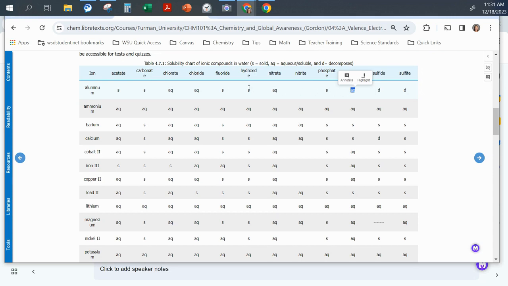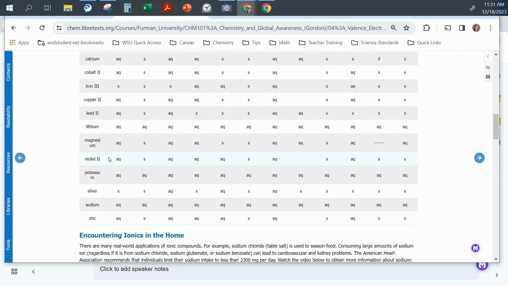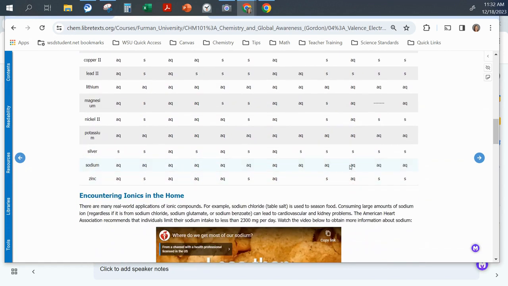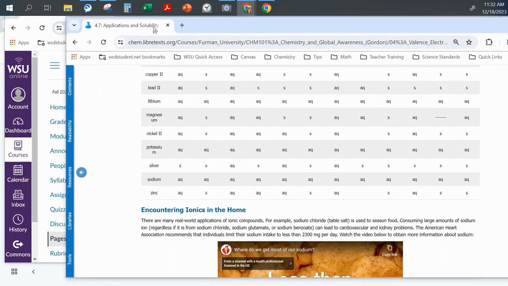So we just need to label aluminum hydroxide as our solid and aluminum sulfate as aqueous. Okay, sodium, and then which one's sulfate? That's also aqueous.